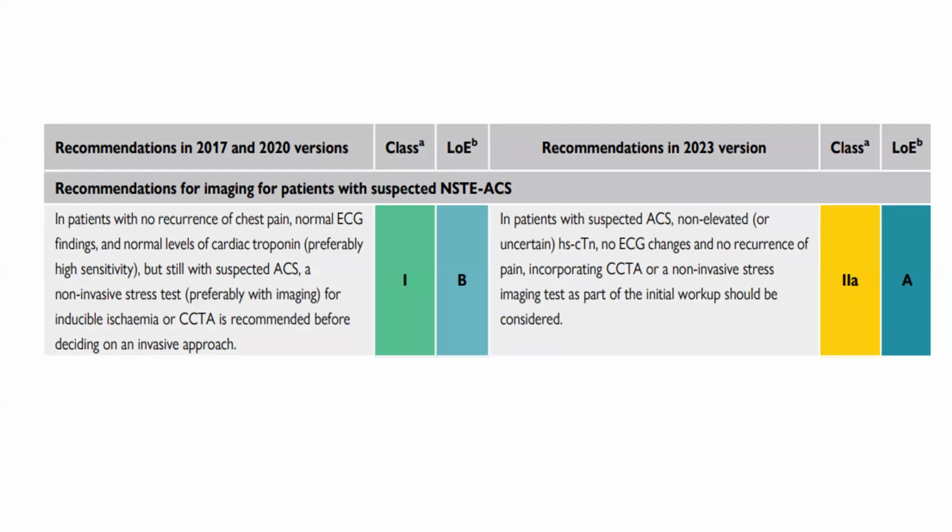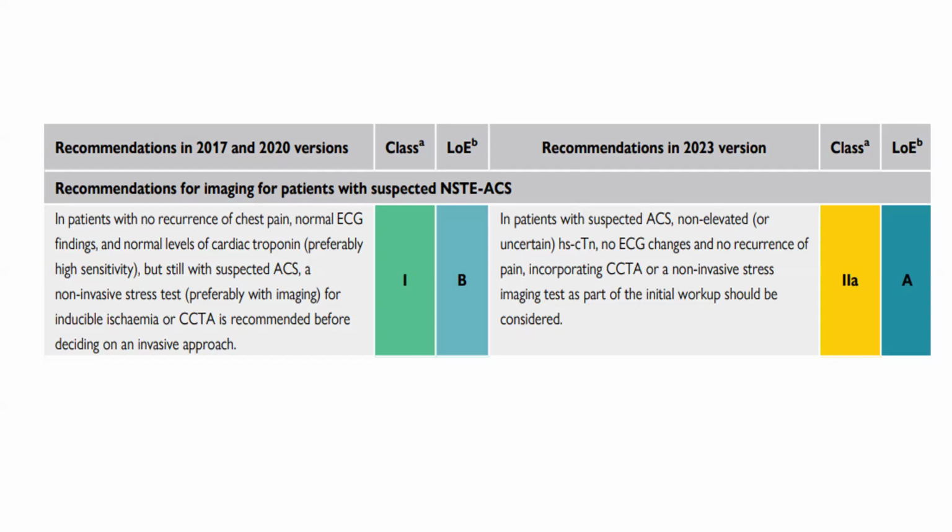So basically, you have a patient who literally has not fulfilled the criteria or definition for the ACS, but you still suspect this patient may have an ACS. Then the recommendation was to do a non-invasive stress test or a CT coronary angiogram, not the invasive.